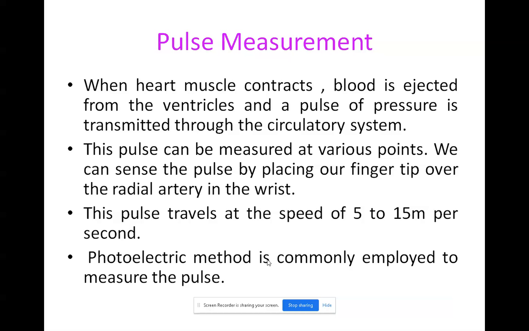Due to that pressure a pulse is created, transmitted to all parts of the body, as the heart circulates blood to all parts of the human body. This pulse can be measured at various points.